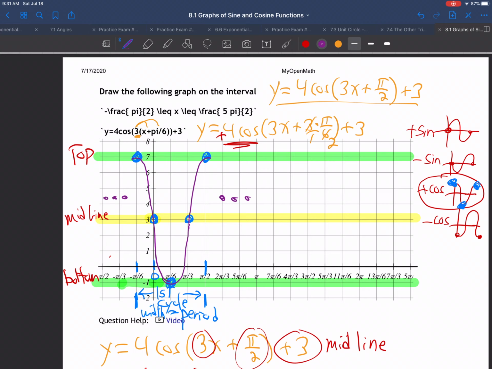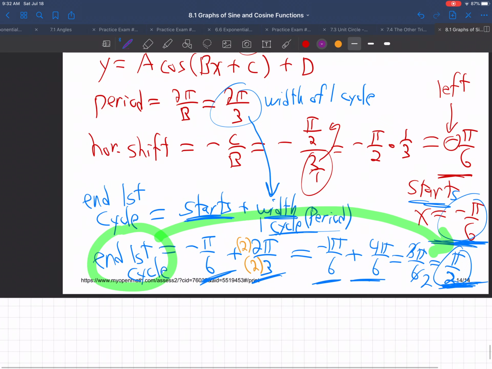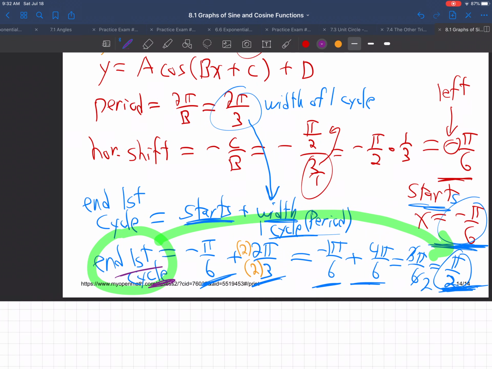So do you see how we got all that information? We found the horizontal shift back pi over 6. We know it starts high, finishes high. We found the ending of the first cycle at pi over 2. That was one of the trickiest parts. First cycle ends at where you start plus the width, the period. So where it starts plus the width, and we get pi over 2.